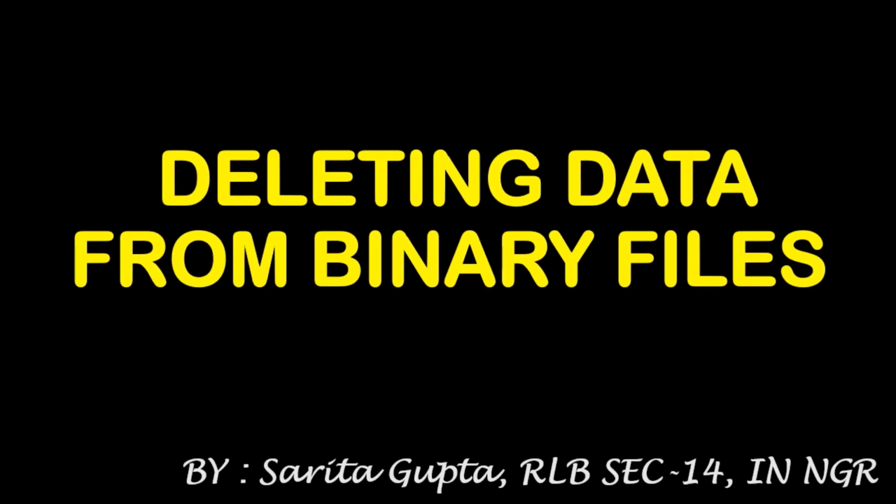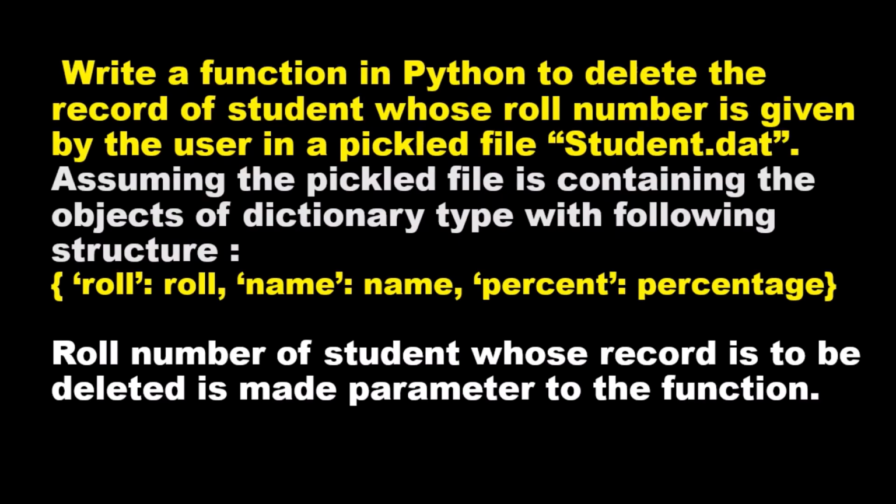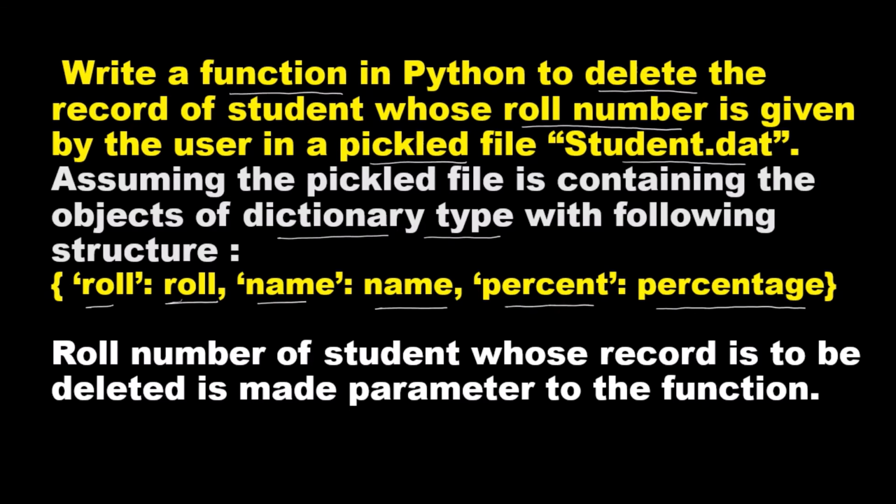Next, we'll be learning how to delete records from a binary file. Let's take an example. You have to write a function to delete the record of a student whose roll number is given by the user from a pickled file student.dat, assuming that the file is containing objects of dictionary type with values roll number, name, and percentage associated with keys roll, name, and percent in each dictionary object.